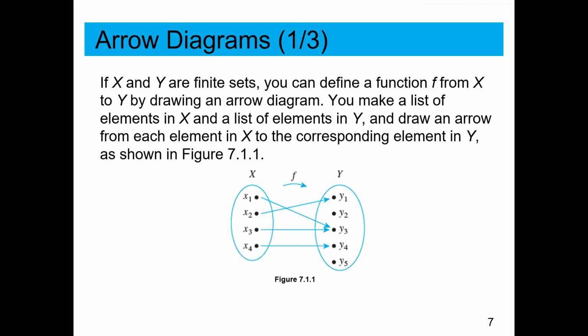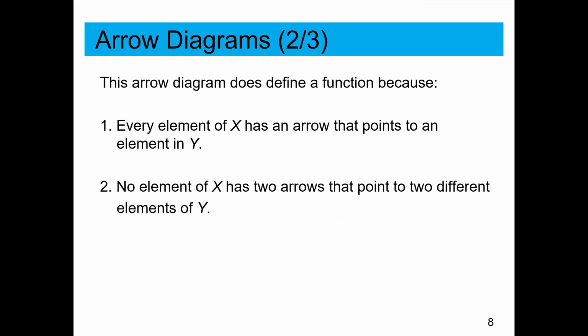So again, the two properties that we need are that every x value has to have an arrow pointing to something in y, and every x element can have exactly one arrow. It cannot have two arrows unless they go to the same instance. So you could have two arrows, but they just have to go to the same spot, and then it's kind of like, why did I do that? That doesn't make any sense.